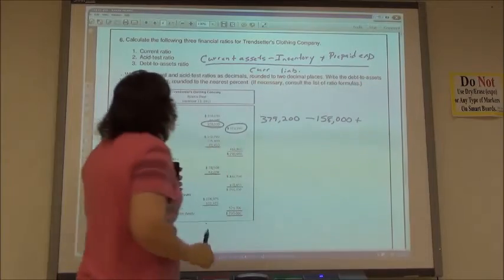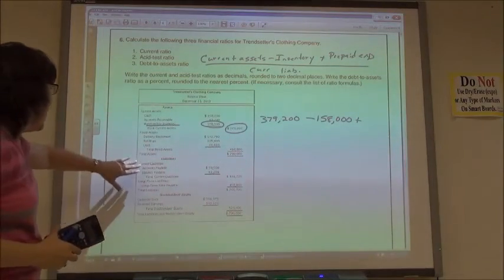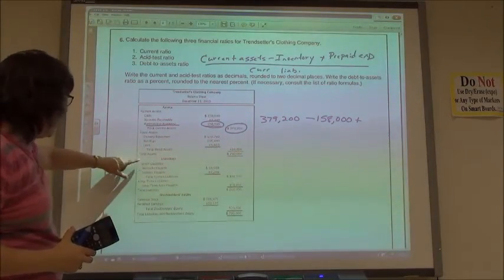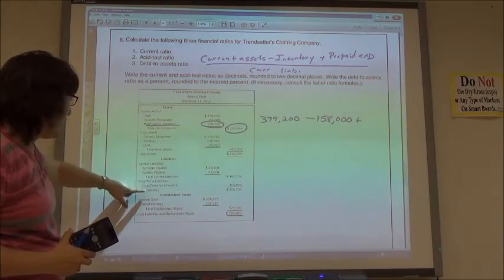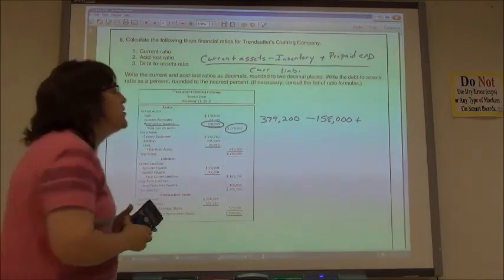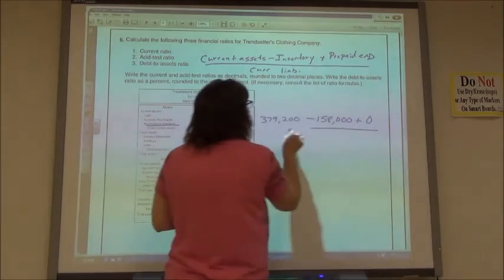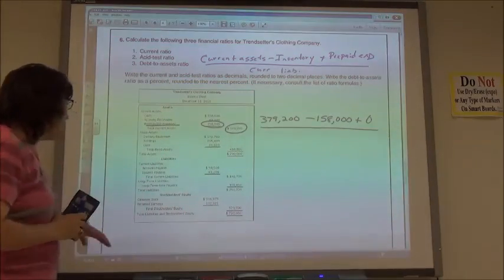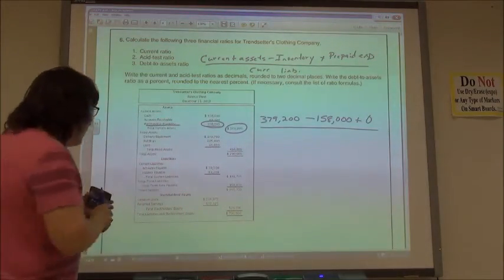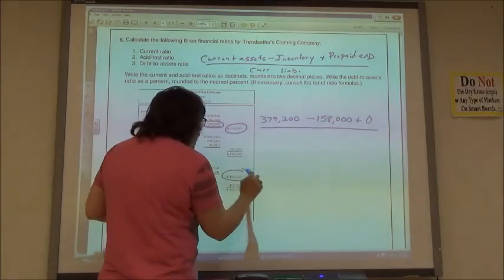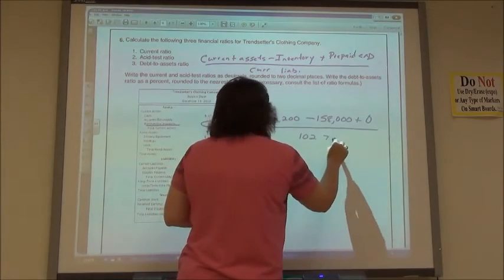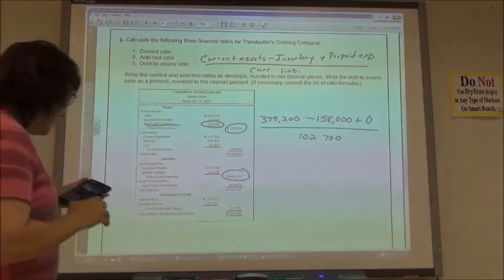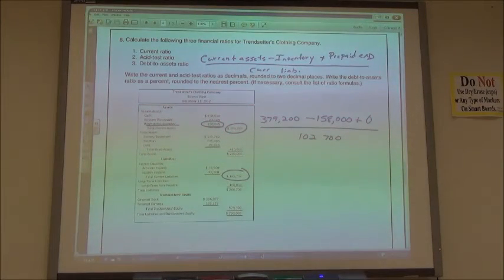We would add on the prepaid expenses. Again, expenses would be under your assets. If you look, they don't have any prepaid expenses listed, so we just have to assume it's zero. And then the current liabilities, the total of my current liabilities, $102,700. So first of all, calculating that top number, $379,200 minus $158,000.